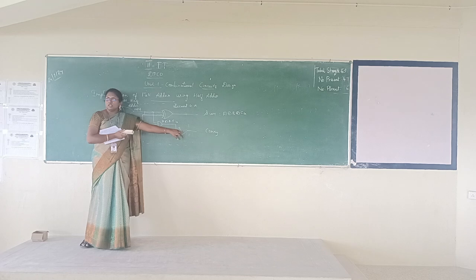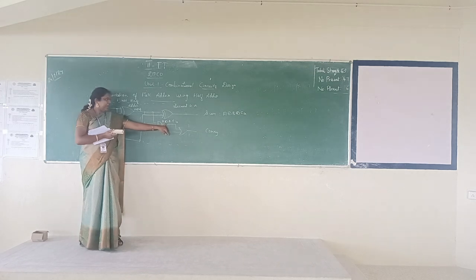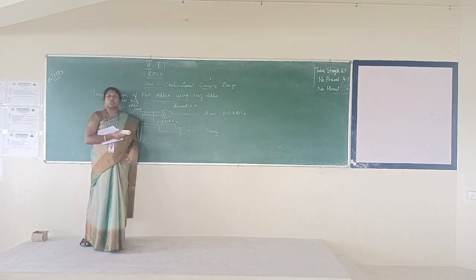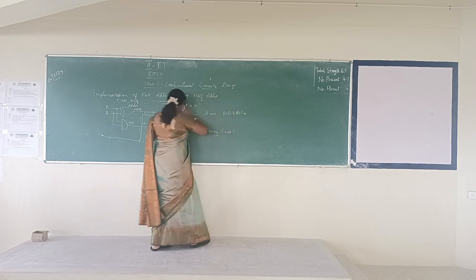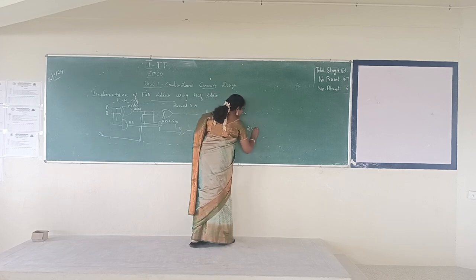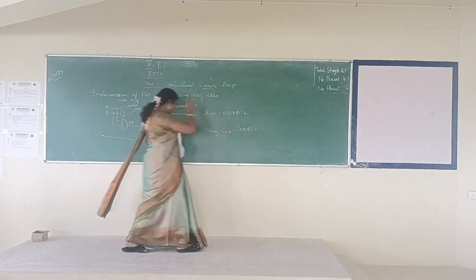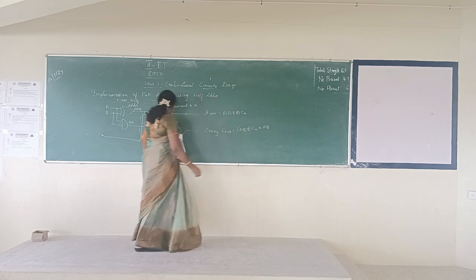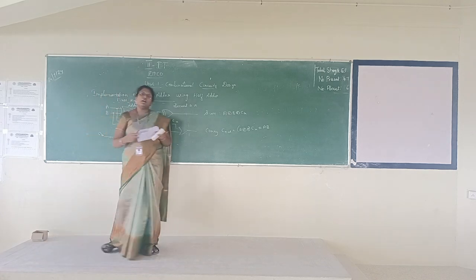So this will be the carry output for the full adder, taken with the carry of the first half adder through an OR gate. So the carry is (A XOR B)C plus AB, right? So this is the implementation of the full adder using half adders, right?